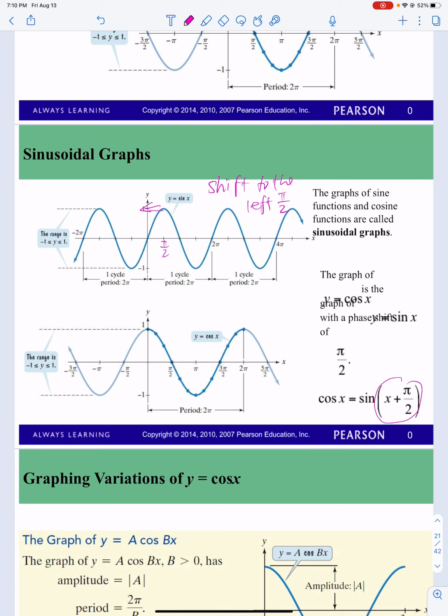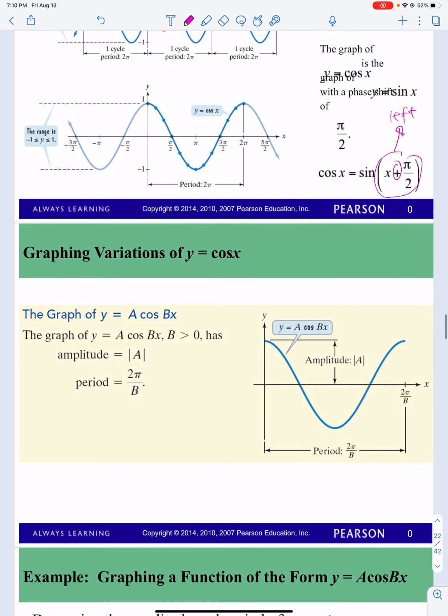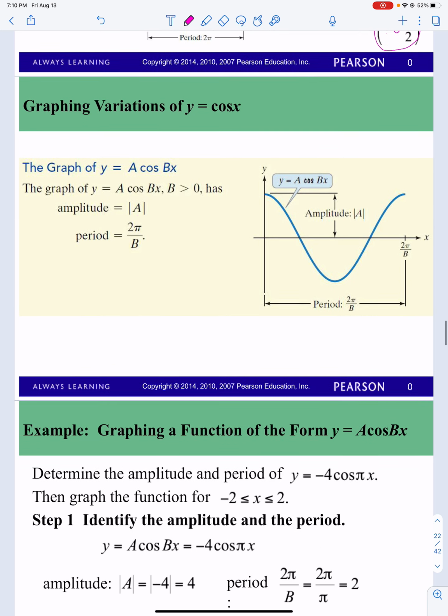Are you with me? This is why it is sine of x plus pi over 2, yeah? Plus means what? Left, pi over 2. Yeah, clear? This is to tell you this. Okay, similarly, for y equal to cosine x, you also have what? Period and all these things.